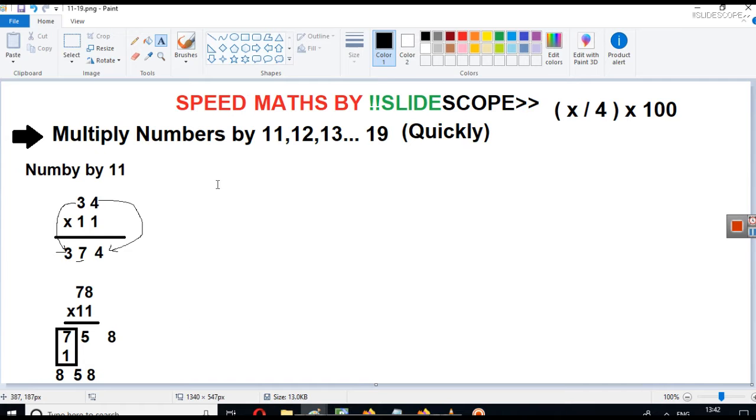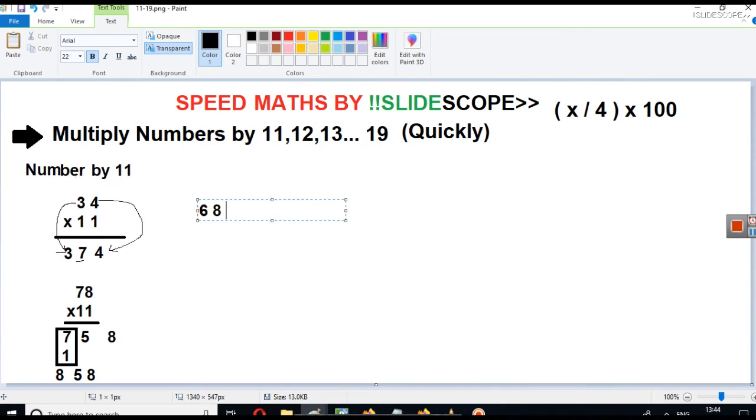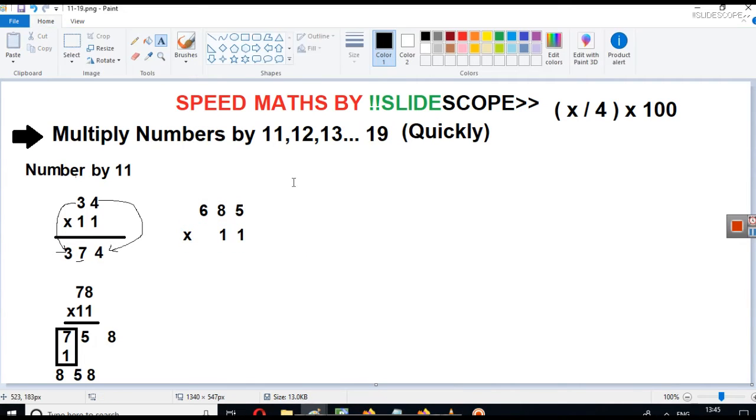Let's take numbers of 3 digits. Let's say our 3-digit number is 685. In the case of 3-digit numbers or 4-digit numbers, it is a little bit tricky. You have to multiply it by 11, but we don't actually have to worry about 11 at all, because we are following this trick.